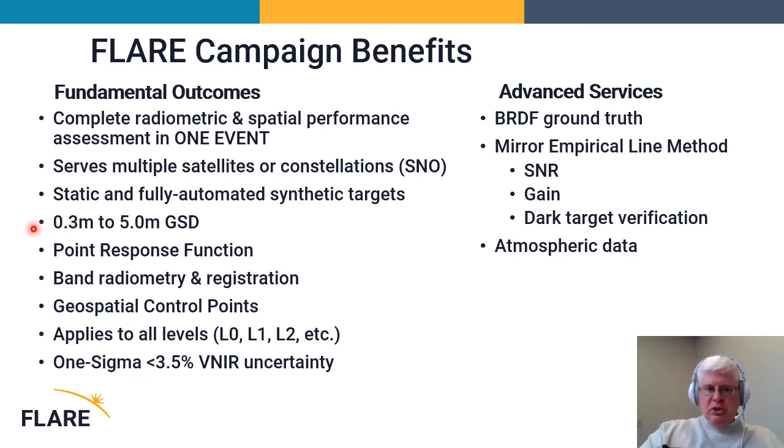These campaigns can be targeted at 0.3 meter to 5 meter GSDs. We deliver the point response function, band radiometry and registration information, geospatial control points. This applies to any level of imagery that you want it to. And then we provide a traceable absolute response function.